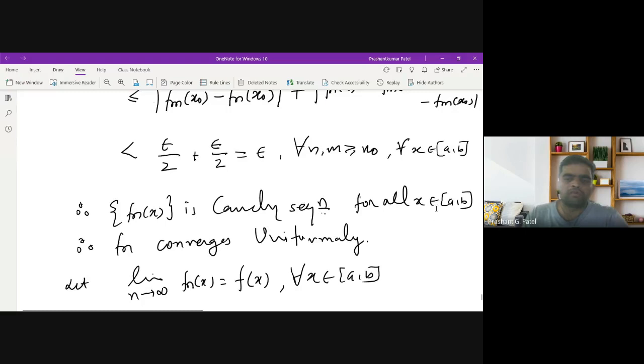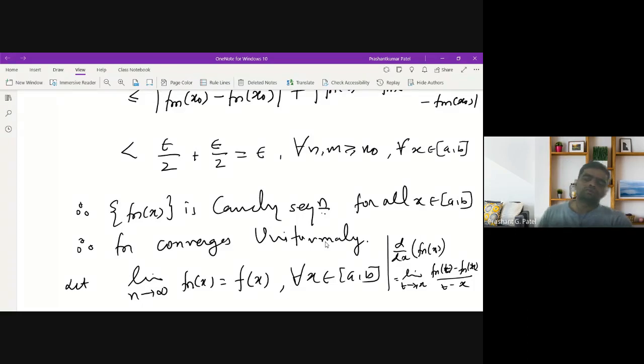Now ultimately what I am supposed to do is take the derivative, that is d by dx of Fn(x), which is nothing but the limit t tends to x of (Fn(t) minus Fn(x)) upon (t minus x). So ultimately I have to deal with this limit t tends to x.